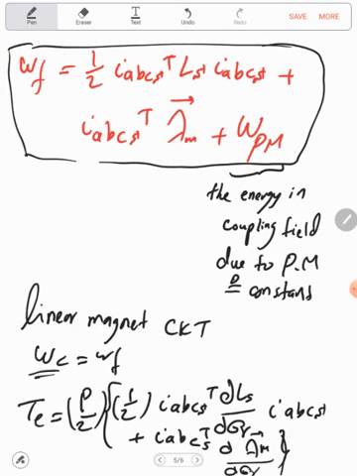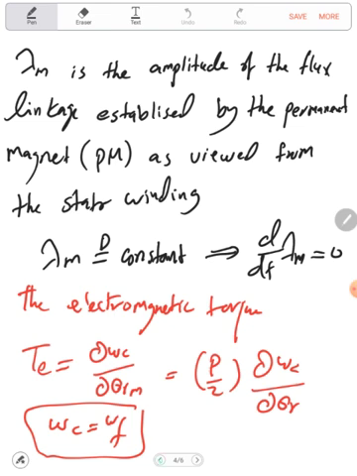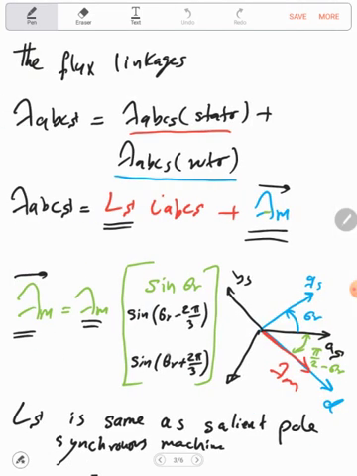Now, if we do the math, of course we don't need to differentiate the constant term, but we need to differentiate this one with respect to theta r because lambda m is a function of theta r.